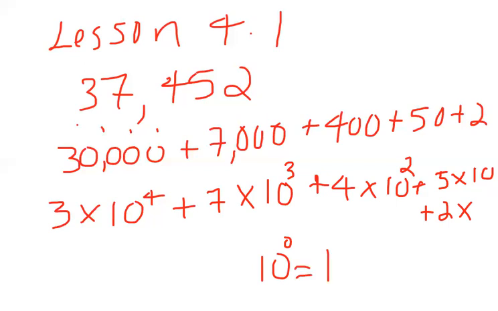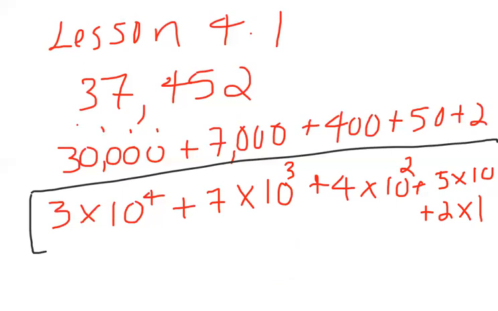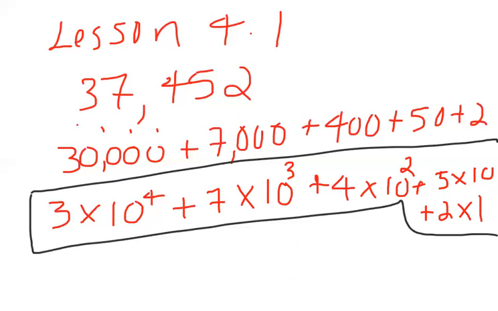And yes, you do have to put the 1 there. So pretty much this would reflect our answer when 37,452 is written in expanded form using base 10. This would be our answer. Yeah, it's easy, but you got to know what you're doing.